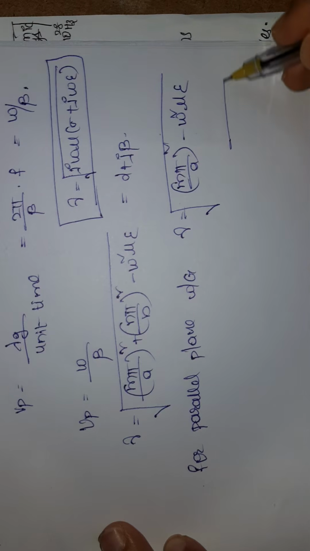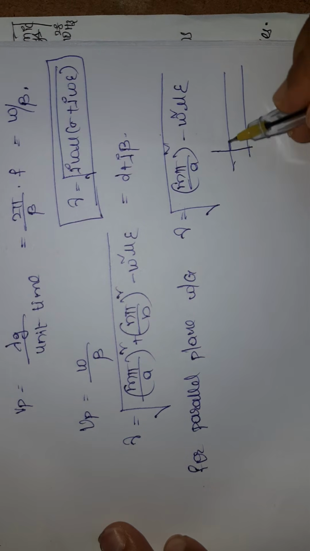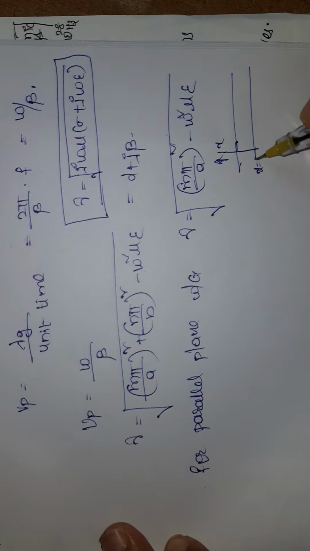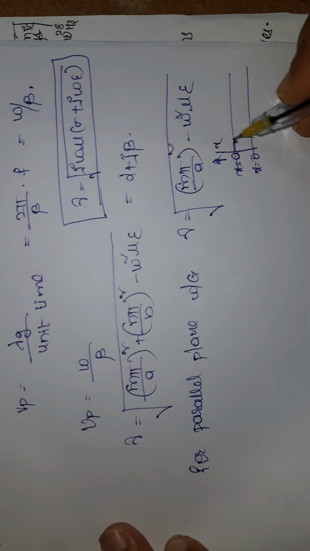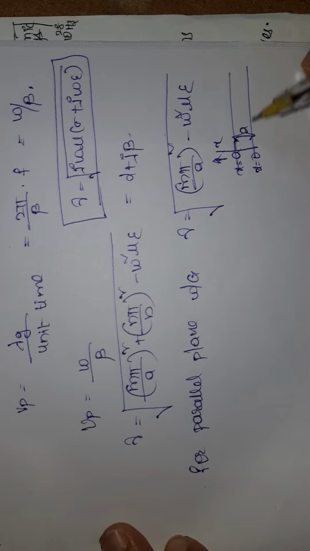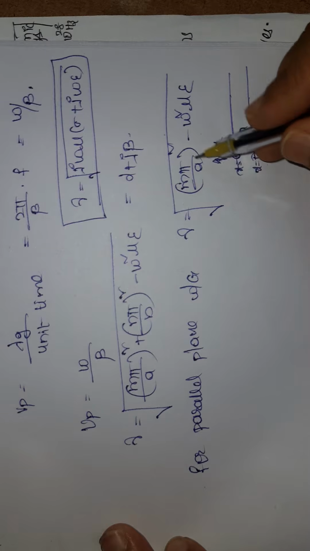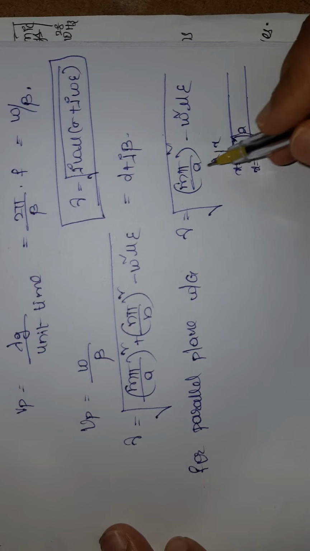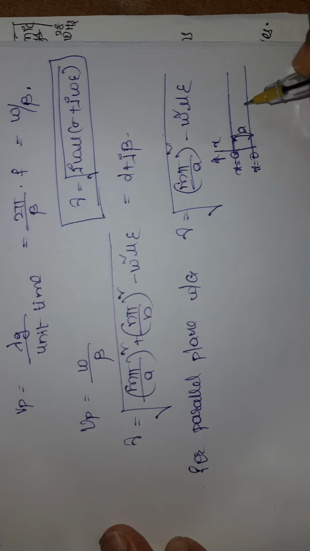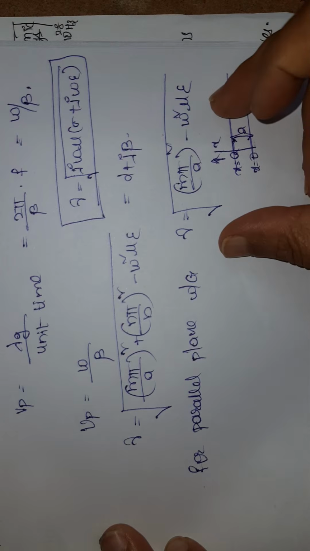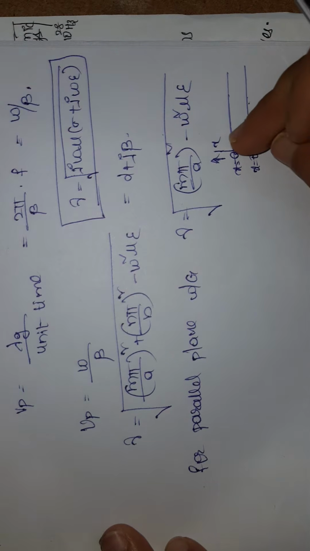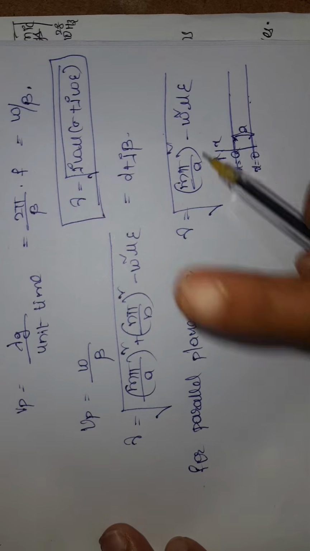It is restricted along the x direction, where x is equal to 0 to x is equal to a. So this is the gap between two parallel plates, and the gap is a only. That's why I got only one constant term. m is an integer, a is the gap between two plates. This is for the parallel plate.